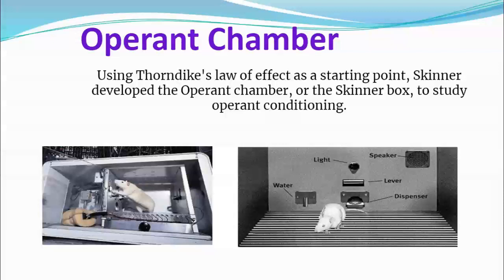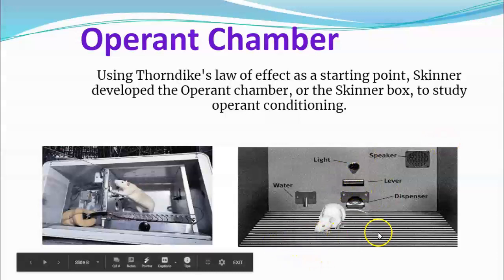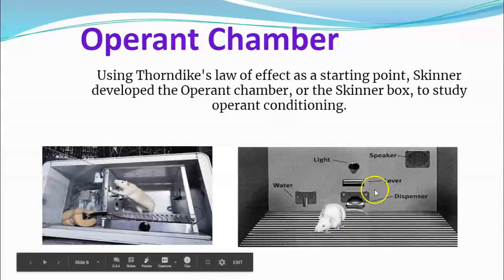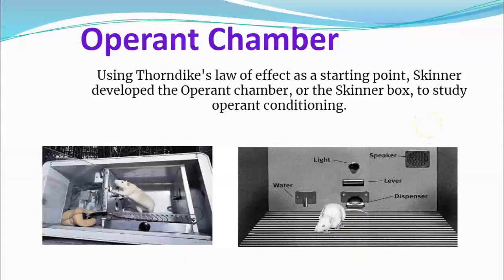Let me give you a quick tour of what this looks like. Right here, there's a water dispenser, there's a food dispenser, there is a lever for the rat to press, a light, and a speaker. Also, this floor is a grid that can be electrified. Don't worry, we did not fry any rats in the experiments. It's something we'll teach you about: the rat was trying to avoid pain.